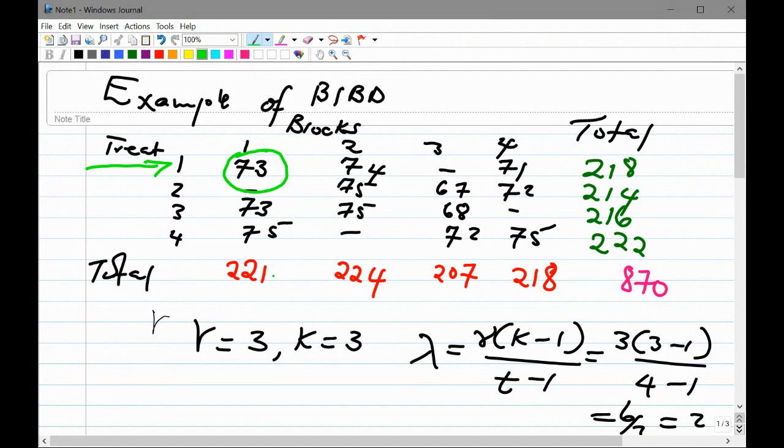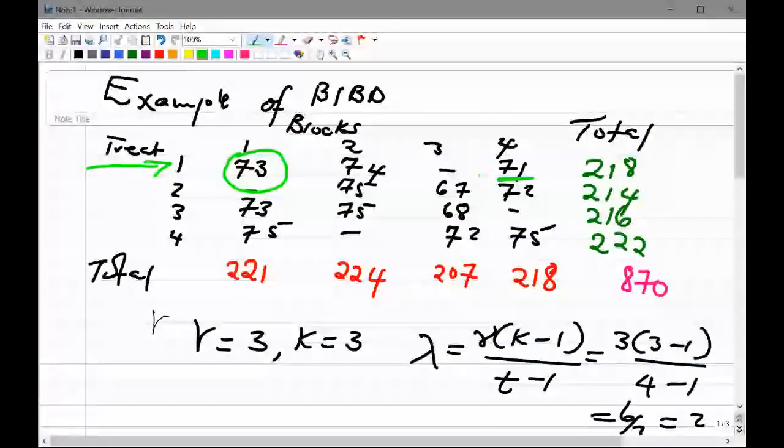Because for the first block we have 73, we will say 221 multiplied by 1. The second block, because again we have a value, we'll say 224 multiplied by 1. The third block, we don't have the value, so we'll say 207 multiplied by 0. The fourth one, 218 multiplied by 1, because we have the value here.